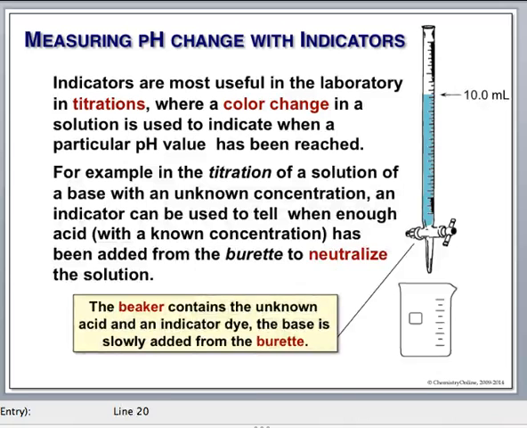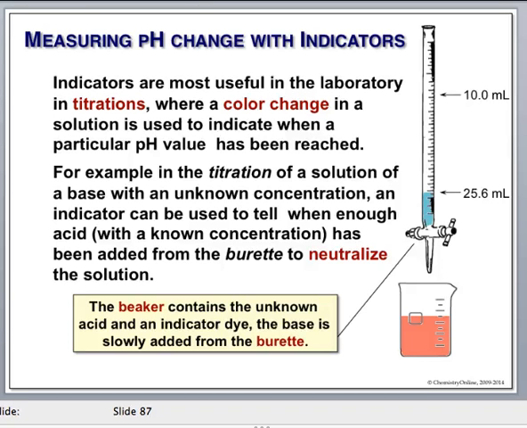It looks something like this. You read where you start, so we're exactly at the 10 mil mark. Open our stopcock, get your color change, stop it, and then you can read where you wound up. If you take your final reading and your initial reading, you know a volume, don't you?